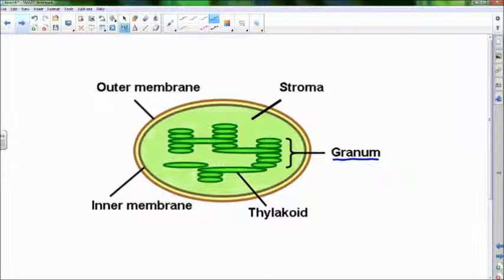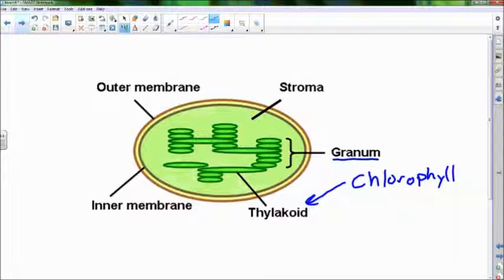So this shows a more simple setup of the chloroplast. You can see the main parts, the stroma, the stacks of the thylakoids, which we call the granum. And it's actually in the thylakoids that we find something called chlorophyll. Chlorophyll is going to be the molecule, the pigment, that is actually able to absorb sunlight.